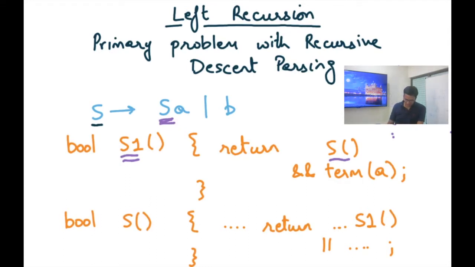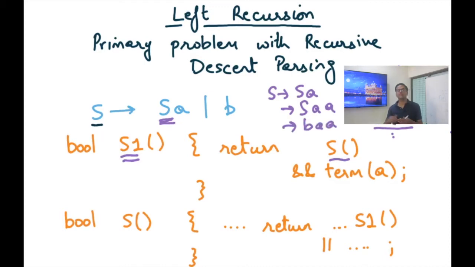Another way to look at this problem is that if I try to derive any string of tokens from this grammar, I'm really deriving the string right to left. For example, if I was to derive BAA, I would first derive SA. So I first derive the rightmost character, then the second rightmost character, and finally the first character.